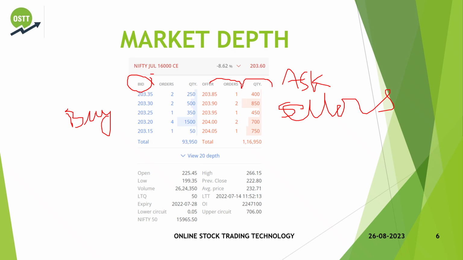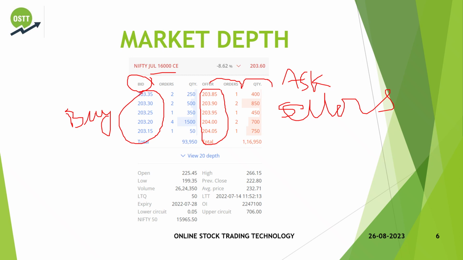That is the Nifty July example we have taken, at 16,000 CE. See, these people are not really executed. These orders are not really executed. They are all limit orders which are here waiting for someone to match this price to be executed.